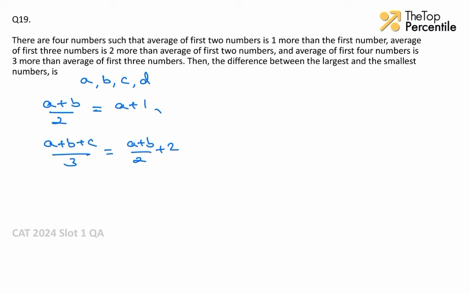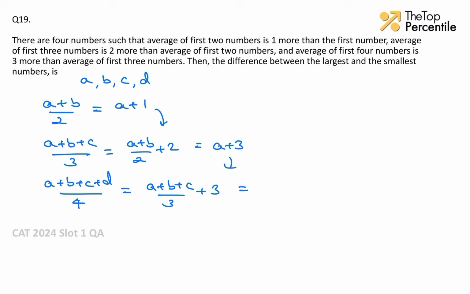So from here I can say that this is A plus 3, and the average of first four numbers, that is A plus B plus C plus D by 4, is 3 more than the average of first three numbers. And from here I can say that this will be A plus 6. Okay, so I have this. Now the difference between the largest and the smallest numbers is what?